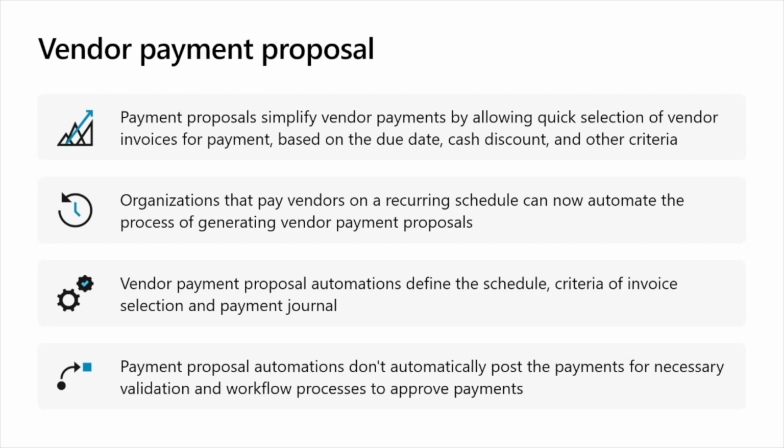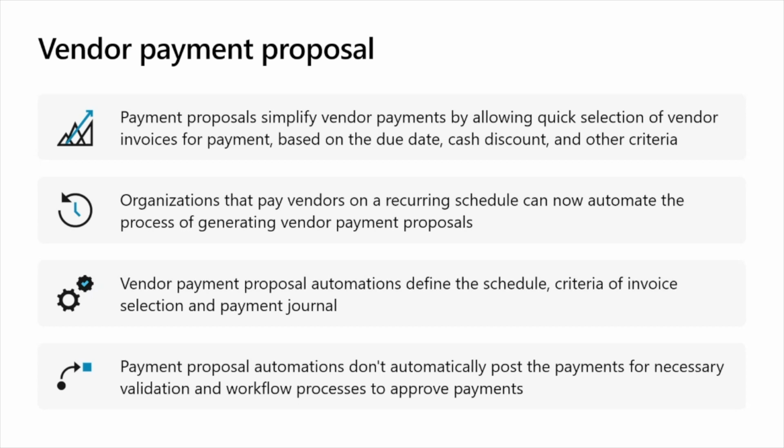Now you won't need to do that. You won't need to create the manual payment journal. You won't need to go and click on generate payment proposal and let the system do that. You set up the schedule, you define the different criteria, and let the system do that for you.